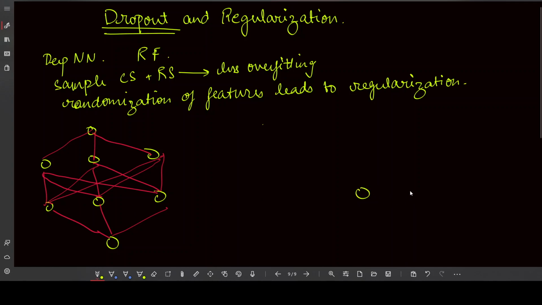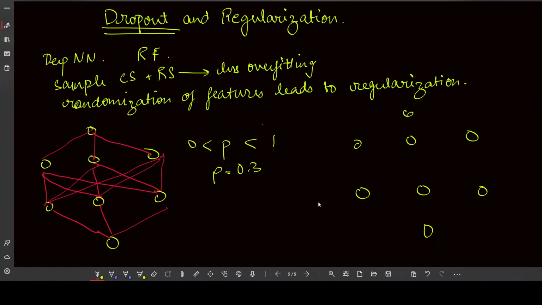When you choose a dropout level, the number is between 0 and 1. It's called rho. So if I choose rho to be 0.3, in every layer I'm going to cancel all the inputs and outputs from 30% of the neurons.